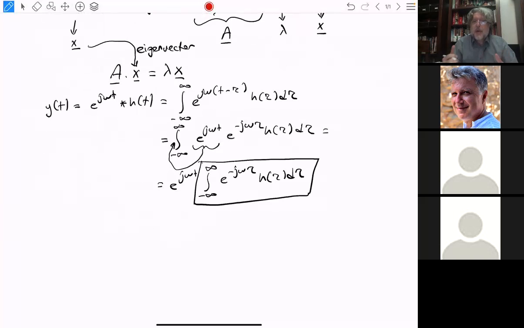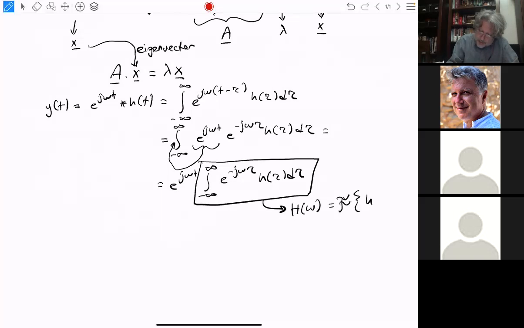That is H sub omega, as I previously indicated. But essentially, it corresponds to H of omega, the frequency response. And the frequency response is obtained by the Fourier transform of h of t. So this must be the Fourier transform of h of t.